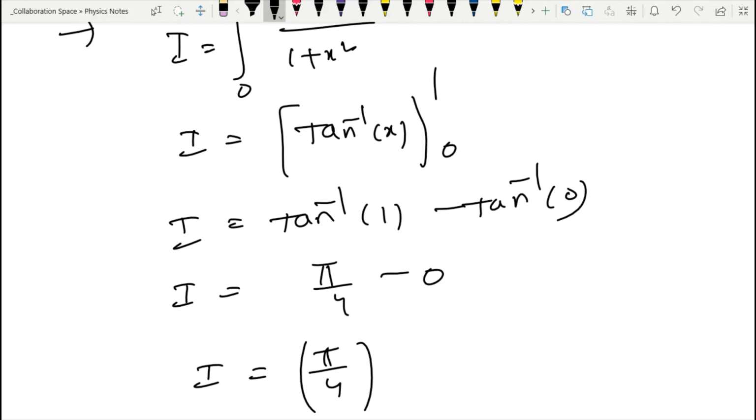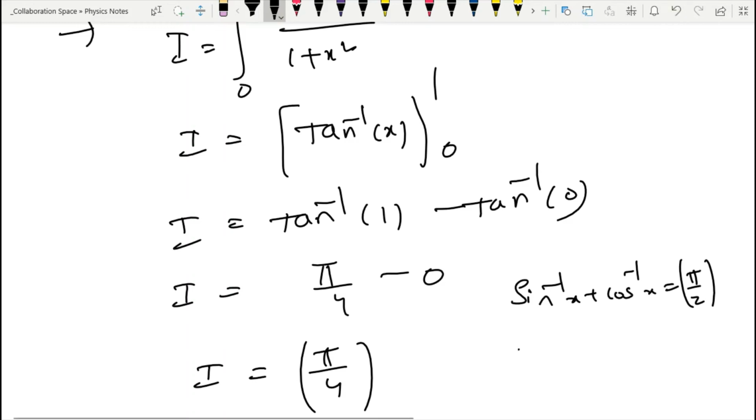So I'll tell you some values. Remember, sin inverse x plus cos inverse x is always pi by 2. And cos inverse of minus x is pi minus cos inverse x.